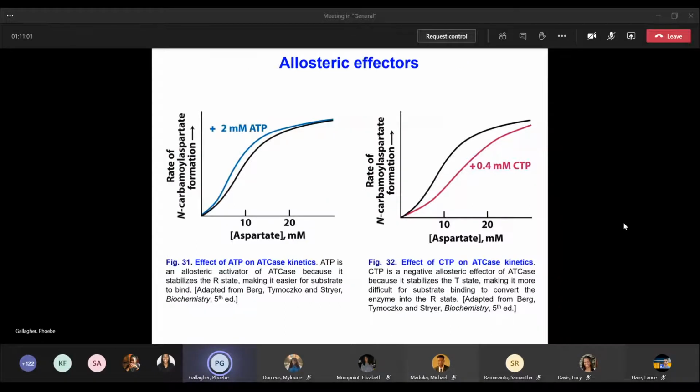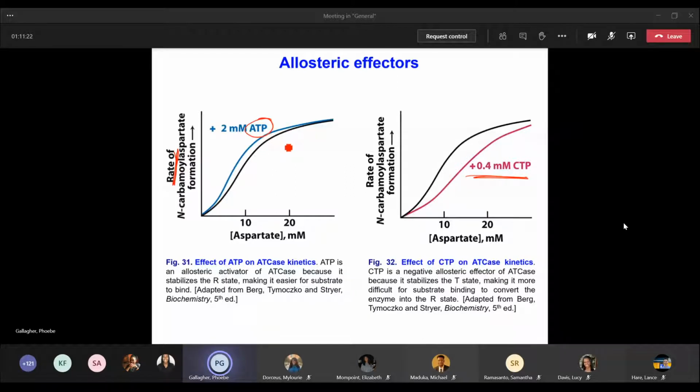Okay, so for your effectors, you've got two types of allosteric regulators. You've got your activators, which increase the rate of the reaction, and your inhibitors, which decrease the rate of the reaction. In this case, ATP is going to act as an activator.